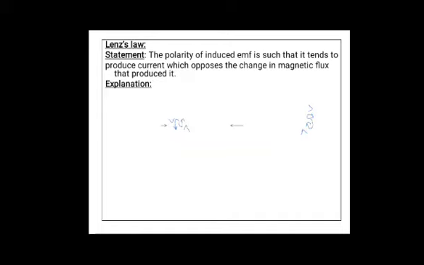When north pole of the bar magnet is inserted inside the coil, current starts flowing, means current is induced. So galvanometer shows some deflection. I hope you are remembering. Okay. So we have to take that example only to explain this Lenz law.